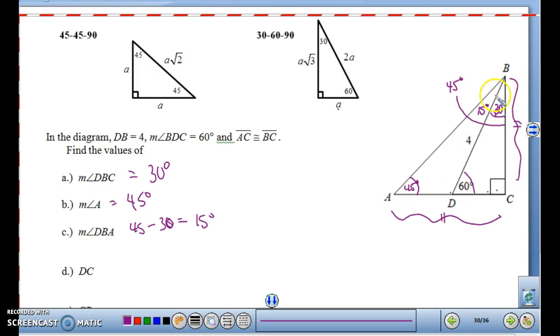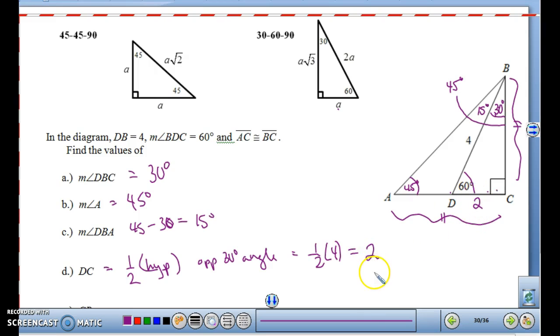Well, on this triangle, the hypotenuse is DB. So DC is half the hypotenuse, because it's opposite the 30-degree angle. So that means it's going to be 1/2 of 4, so DC is going to equal 2. So this value right here is 2.